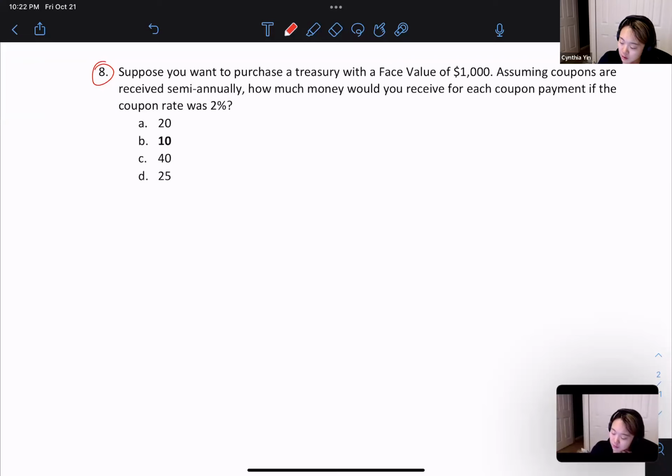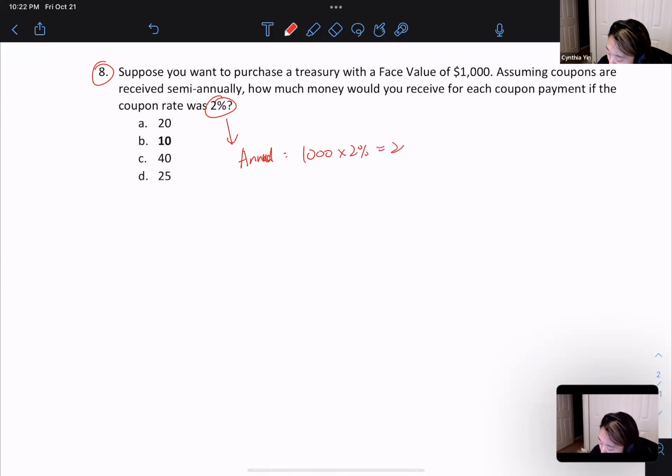So again, this coupon rate is an annual rate, meaning that annually you get 1,000 times 2%, which is $20. And because the coupons are semi-annual, for each coupon payment you get only half of it. It's just $10. Okay.